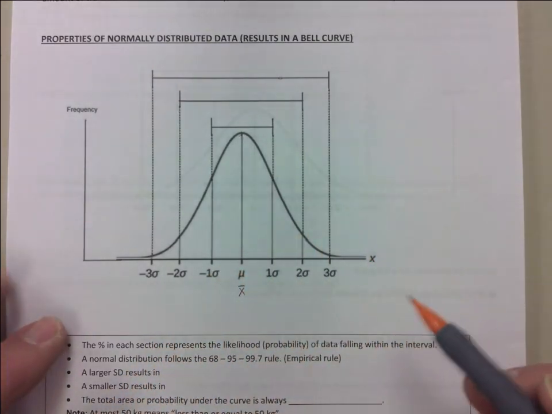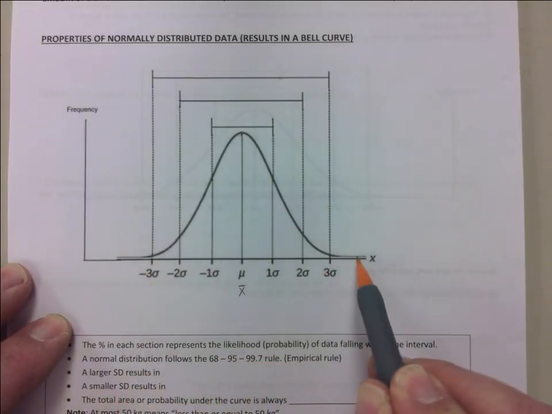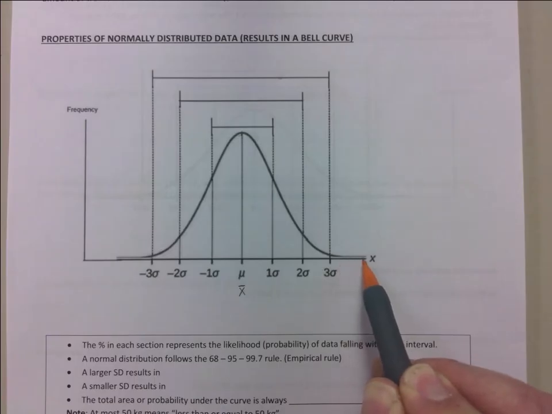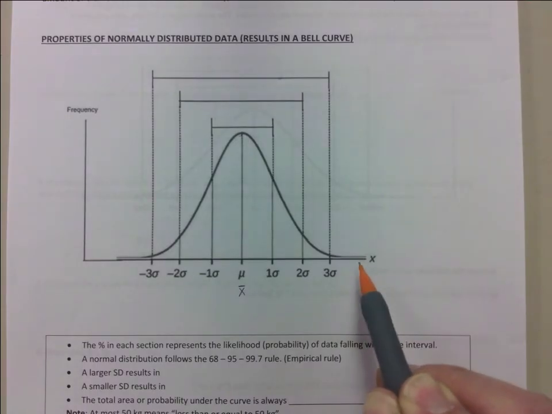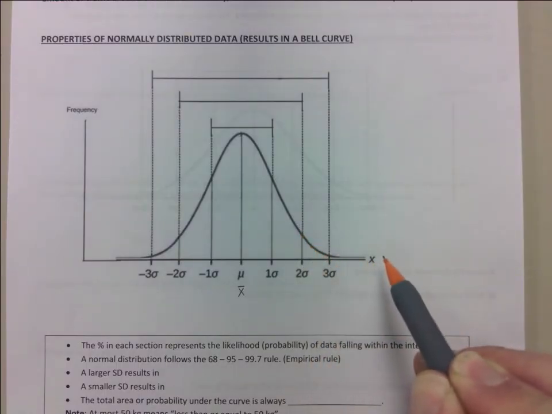But do you see these little tails here on the graph? For us, these tails never really touch the x-axis. Why is that? There's a chance that there's an outlier somewhere out here that may not fit our graph. So we never actually close this curve.